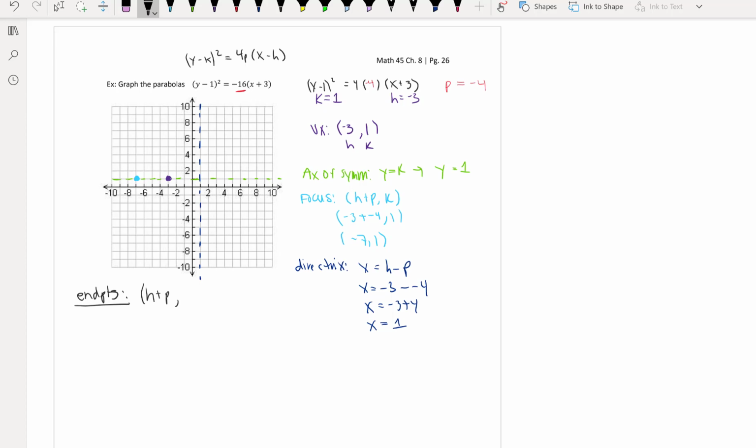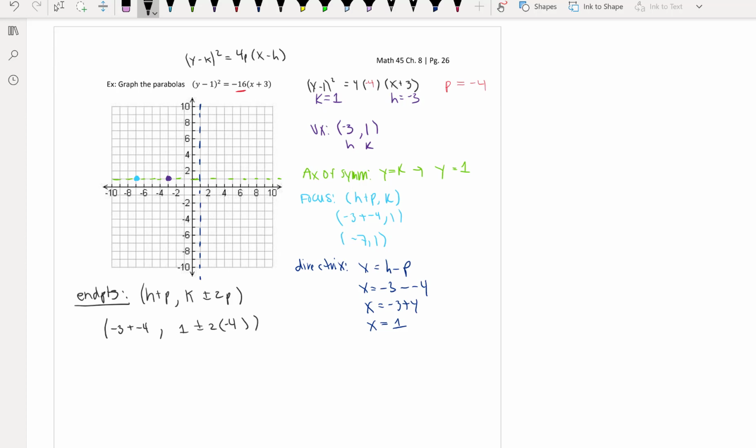And that second ordered pair is going to be k plus or minus 2p. So I'm going to copy this down. So I know my h value here is a -3. I know that my p value is a -4. I know that my k value is a +1. And again, my p value is a -4.